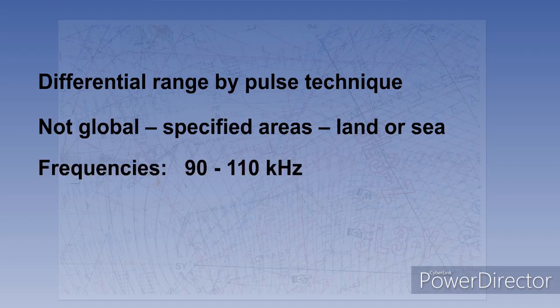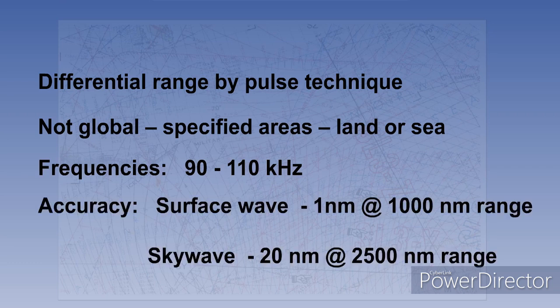It operates in the low frequency band of 100 kHz. Surface waves give a range of up to 1000 nautical miles with an accuracy of 1 nautical mile, while sky waves may give a signal of up to 2500 nautical miles, but are only accurate to 20 nautical miles.